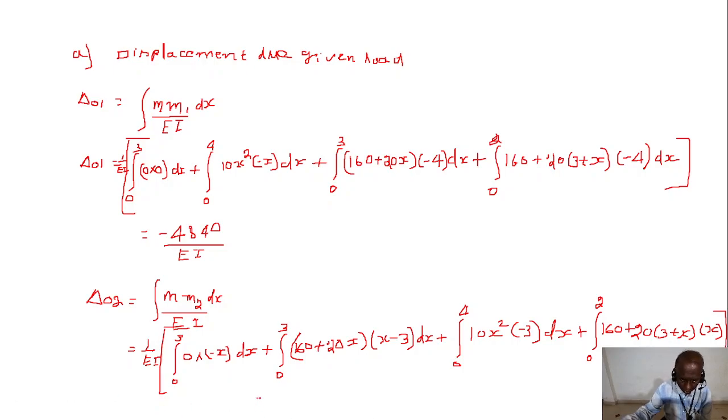So you will solve this equation, you will get delta 0 2 equal to minus 956.67 by EI.